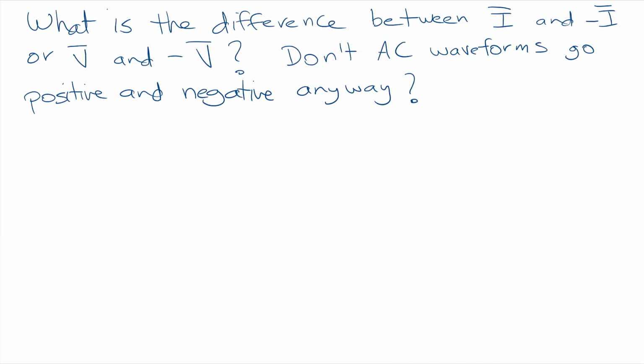So now, what did we talk about earlier? What is the difference between I and negative I phasors, or V and minus V phasors? Don't the AC waveforms go positive and negative? So what meaning does it have? Let's look at this a little bit mathematically.